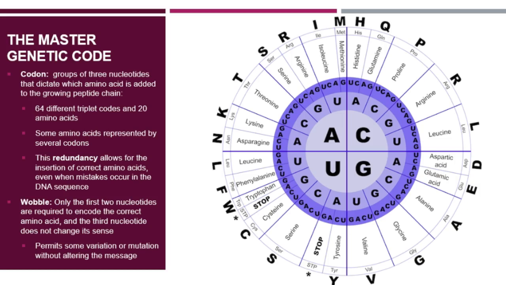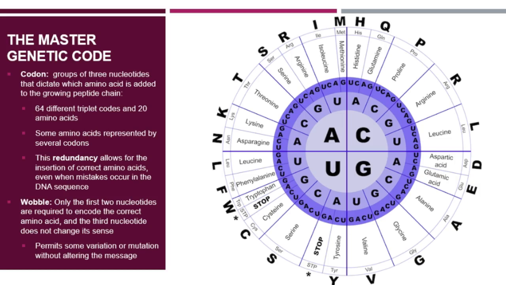Now, what a wobble is: the first 2 nucleotides are required. These first 2 are essential for matching the codon and the anticodon with the amino acid.